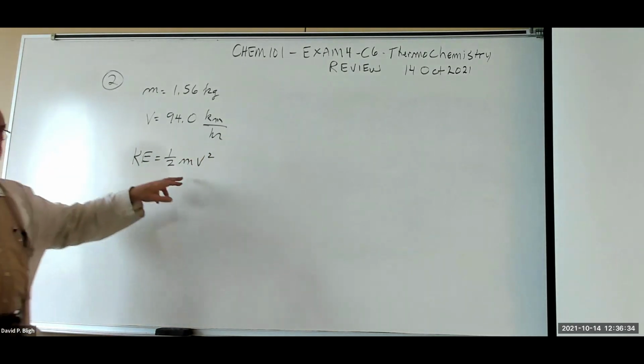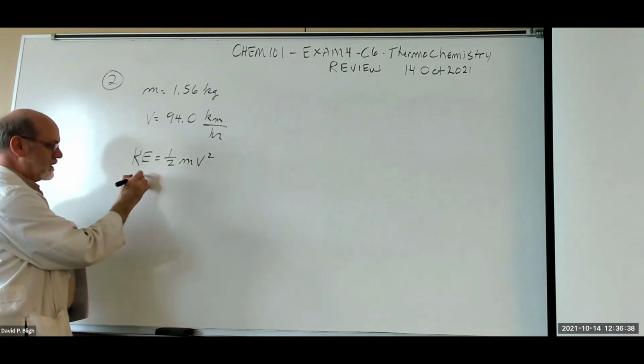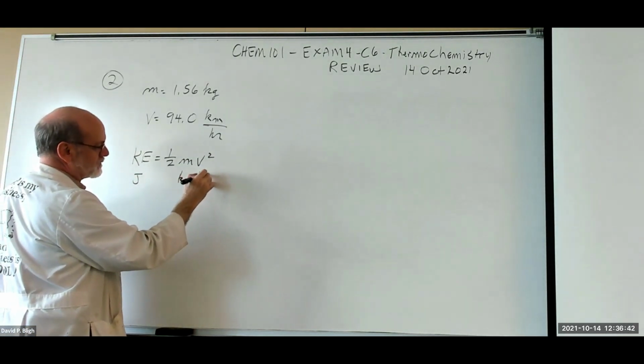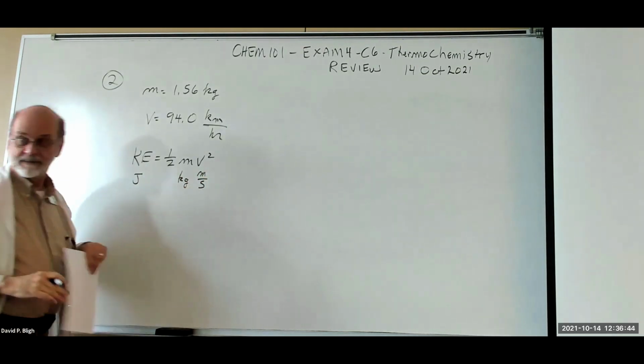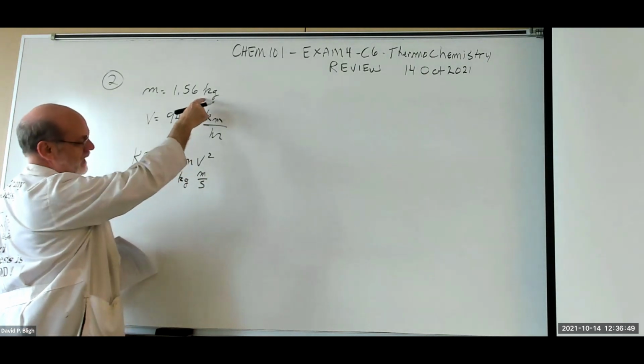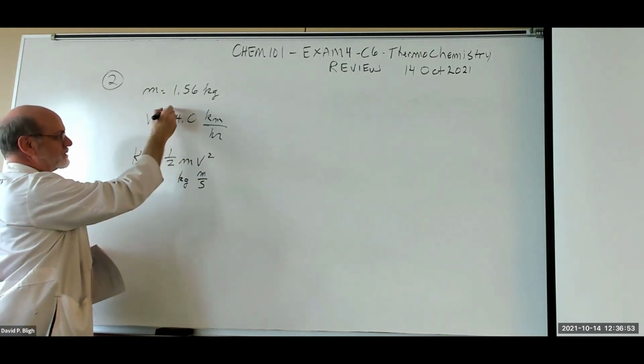But these have to be in SI units. In order for this to be joules, this has to be in kilograms, and this has to be in meters per second. Okay? So we're good here, right? That's kilograms. But we need to convert this to meters per second.